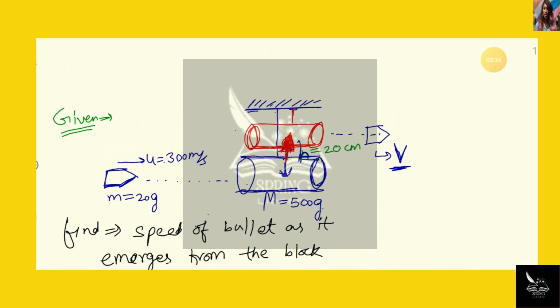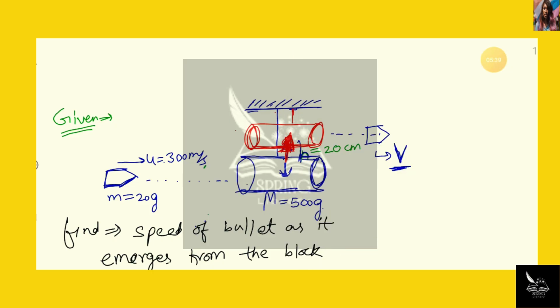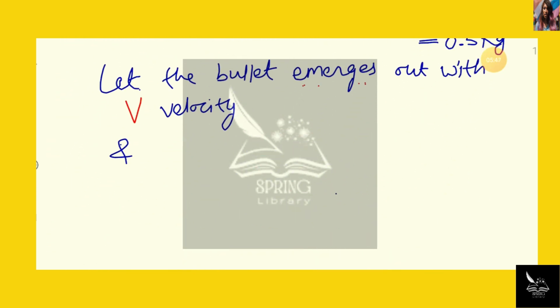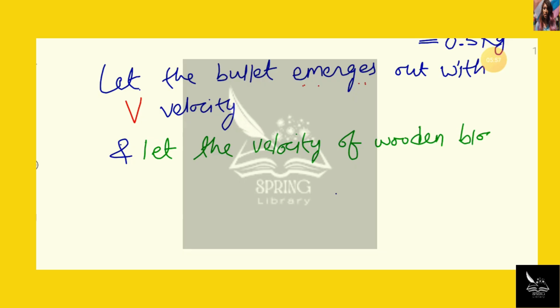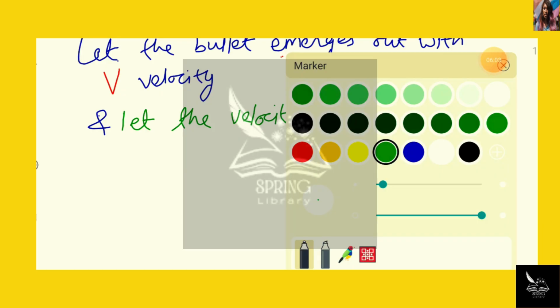This bullet is going with v velocity, and this wooden block is going with v dash velocity. So here I am assuming that the velocity of the wooden block will be v dash. Now the next step is to apply the law of conservation of momentum.